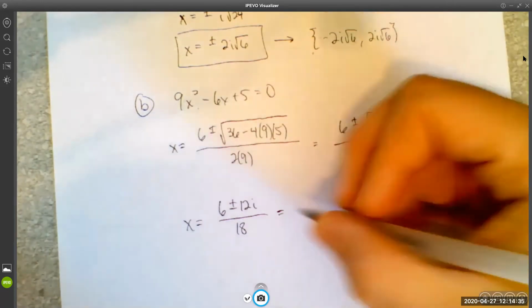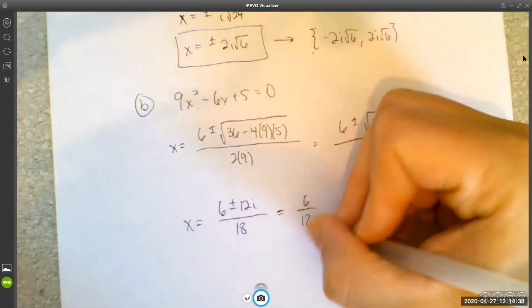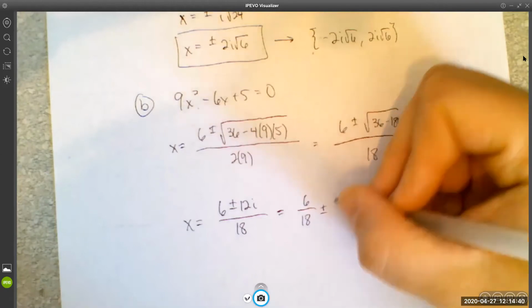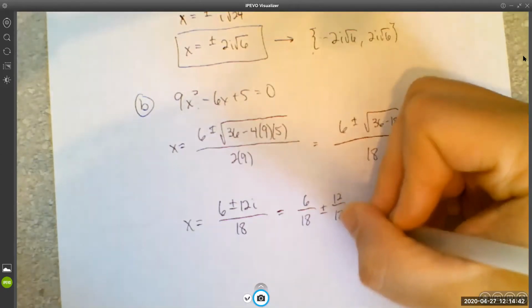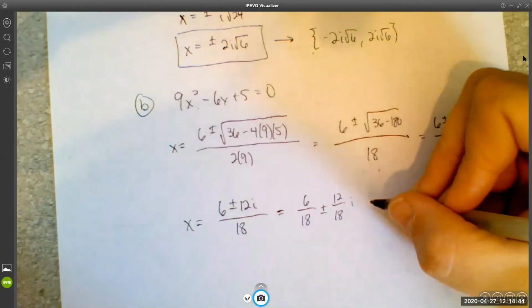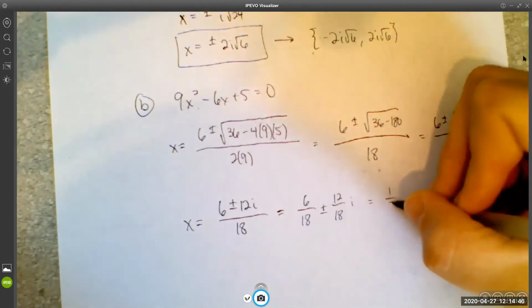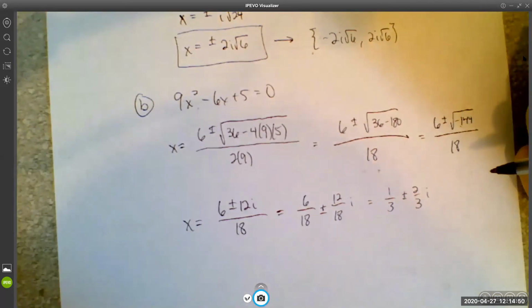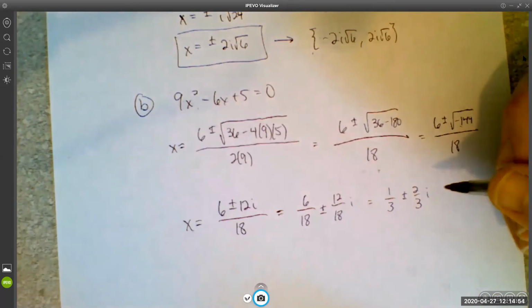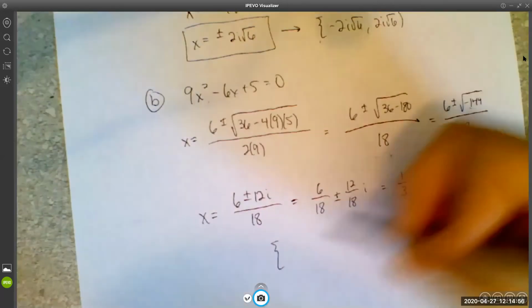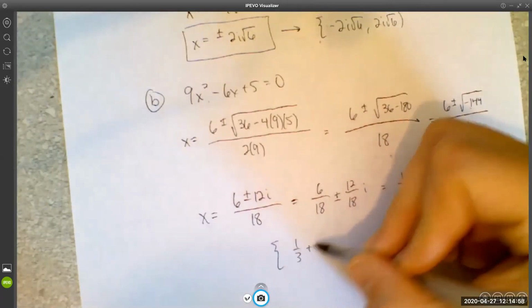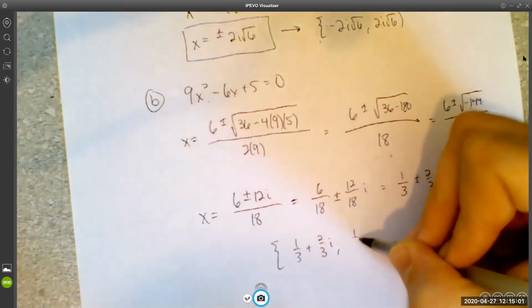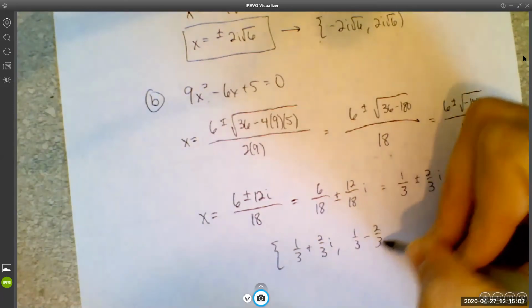But we can simplify this a little more. So that's 1/3 plus or minus 2/3 i. Okay, and that's that. So your solution set would maybe look something like 1/3 plus 2/3 i and 1/3 minus 2/3 i.